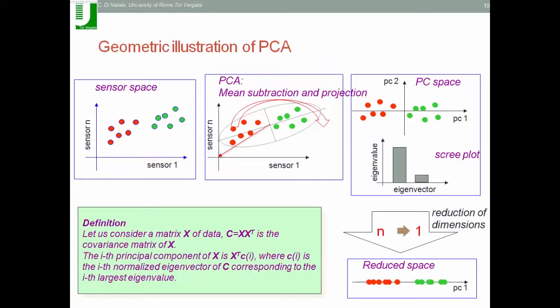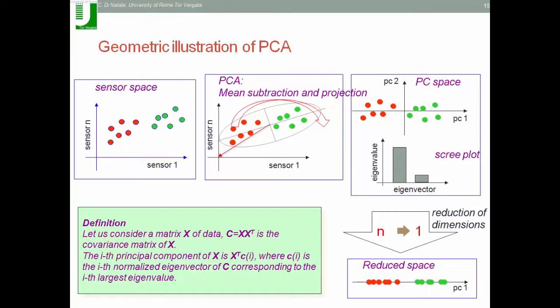Okay, this is a very simple cartoon illustrating the principal components. We have the sensor space. For instance, let's suppose we have 2 sensors, just to make a plot, and each dot here is one sample that has been measured with sensor 1 and sensor 2, and it corresponds to some physical occurrence of something.